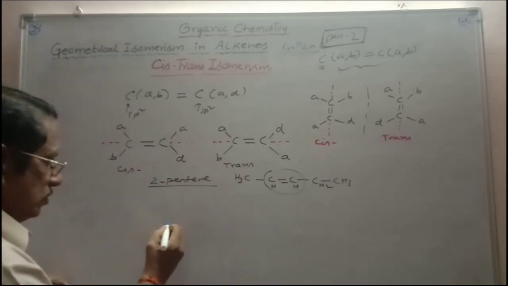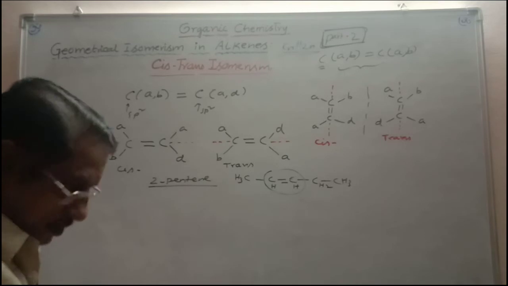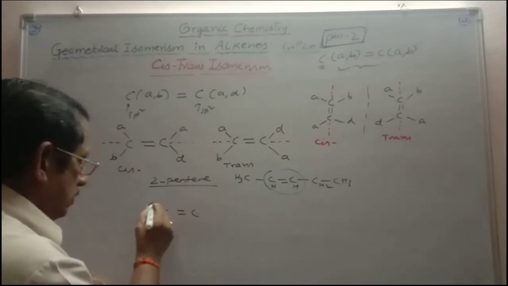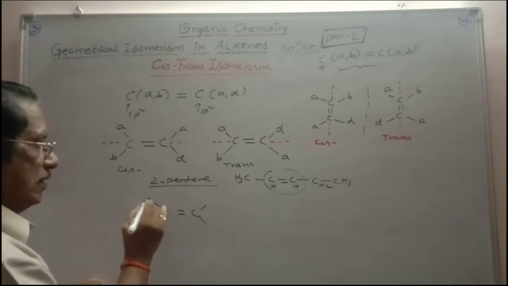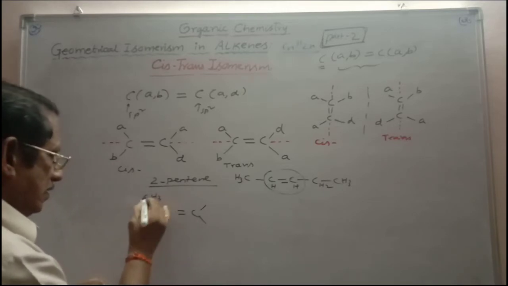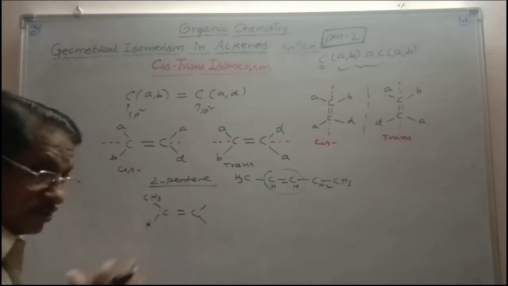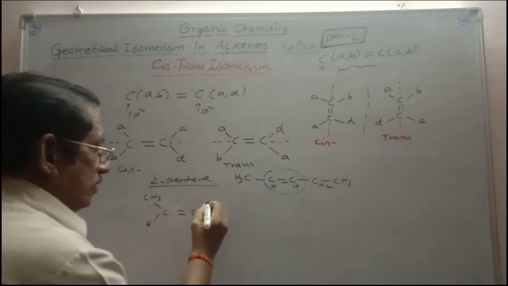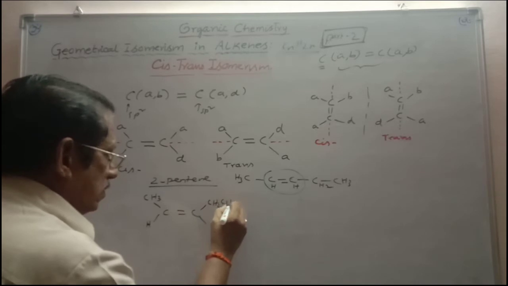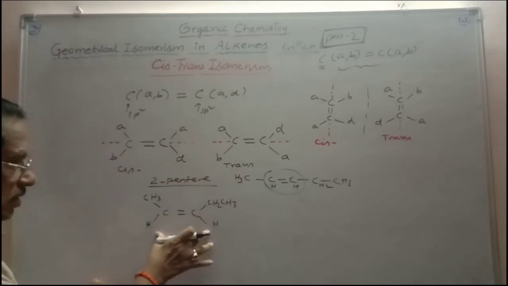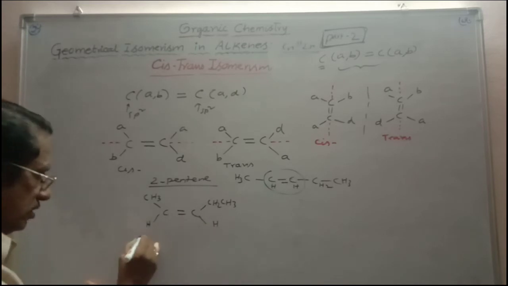So here, in this case, we can write in this manner, C double bond C, CH3, H. Basing on H, you have to write cis-trans isomer, don't forget. And here CH2, CH3 and H. To the C double bond C plane, hydrogens are on the same side.